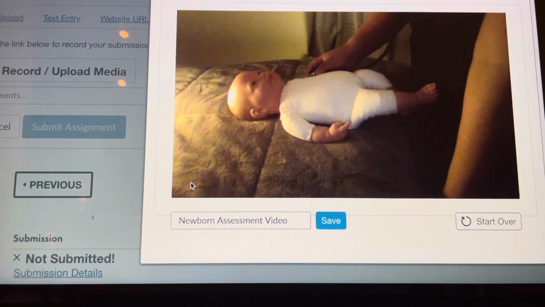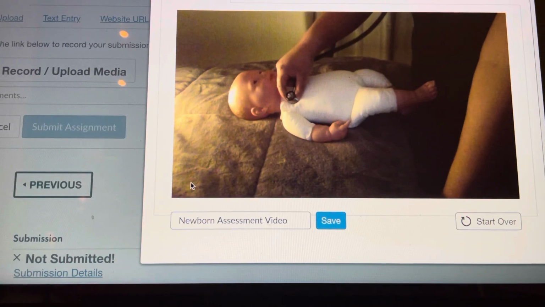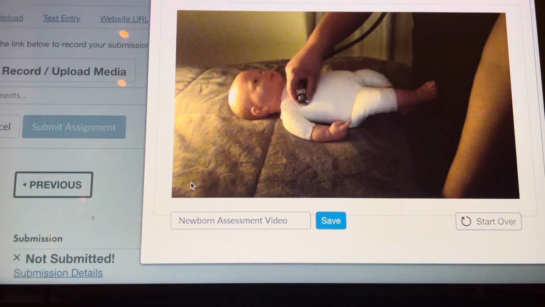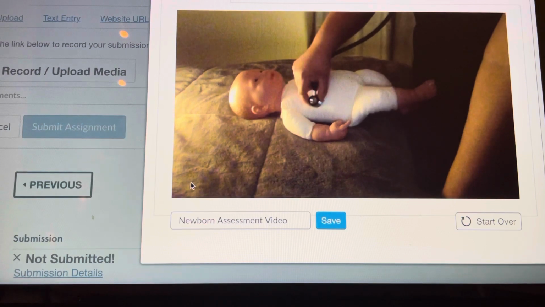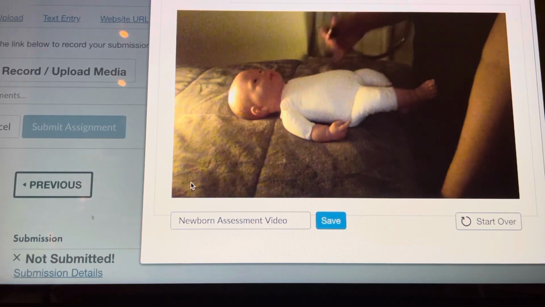I'm also going to assess for bilateral breath sounds, so seeing if both sides of the chest sound equal and the same, and seeing if all the lobes sound clear. So I'm not expecting to hear crackles or coarse sounding lungs.